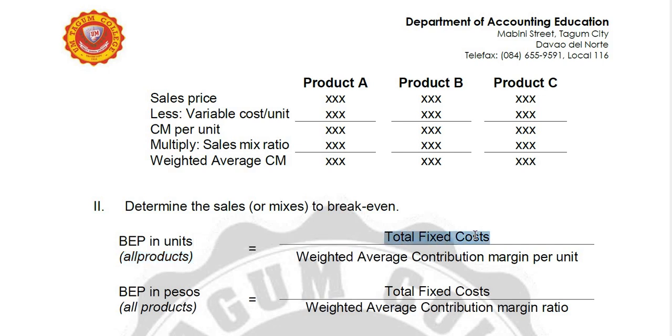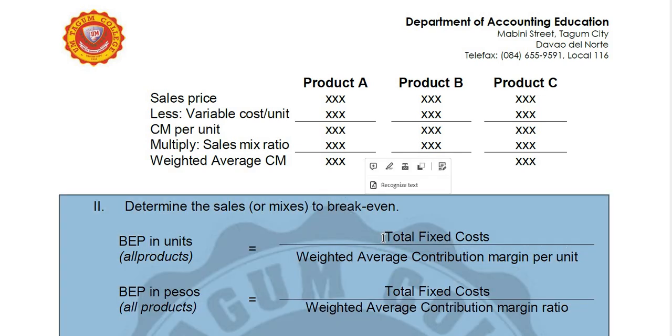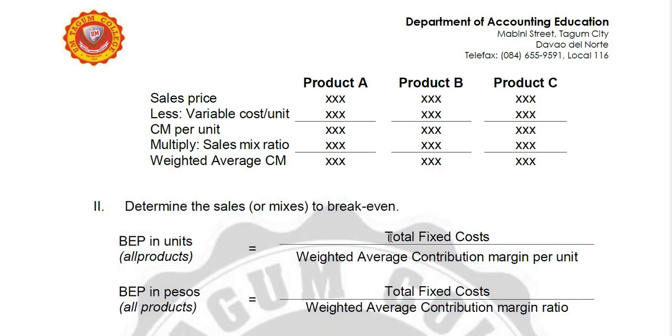So, that is your total fixed cost. You divide it by the weighted average contribution margin per unit. So, yung result nito ay yung break-even point in units sa lahat ng products. So, ibig sabihin, yung makokompute mo dito is yung total number of units na dapat mong mabenta para walang loss or walang profit for a certain period.